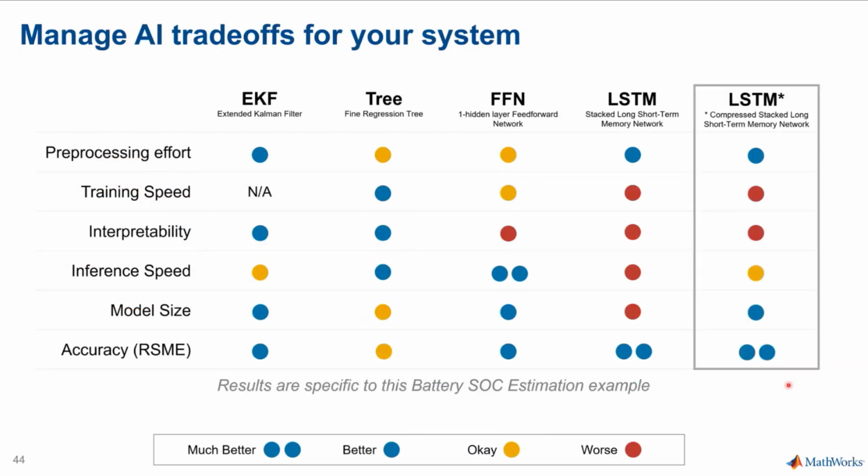And if you do that with the LSTM model, you'll get an inference speed that's okay while preserving the accuracy of the model. There's nothing you can do about the training speed because the training you need to do before. And also the interpretability of the model doesn't get better, but the inference speed gets better.